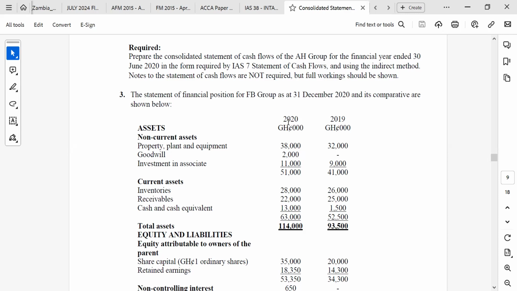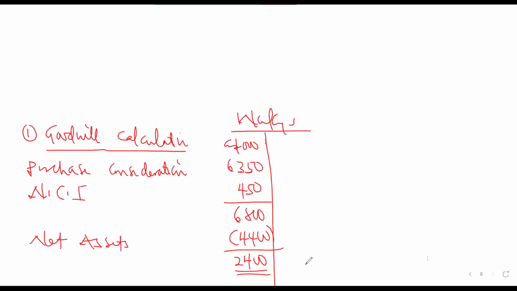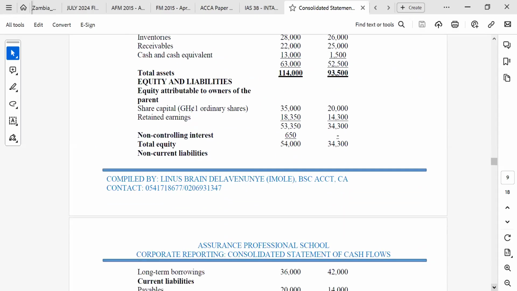But right now, what is the goodwill figure at the reporting date? 2,000. But the actual goodwill should have been how much? 2,400. So what is happening there? There's a loss in goodwill. That's impairment. So the goodwill has impaired by 400.